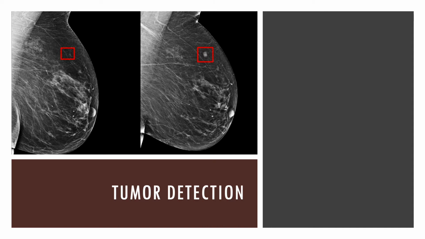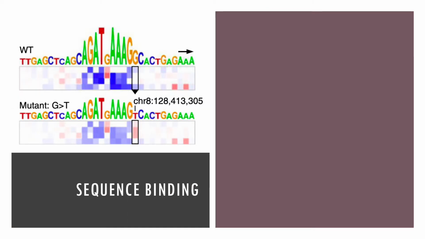These are the sorts of tasks that deep learning models, in particular convolutional neural networks, are very good at, as good if not better than human experts in detecting, for instance, tumors. So this is stuff that's already being used in clinical applications, and I think we'll only see more of that moving forward.